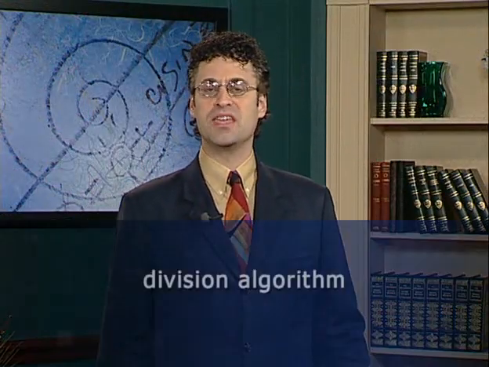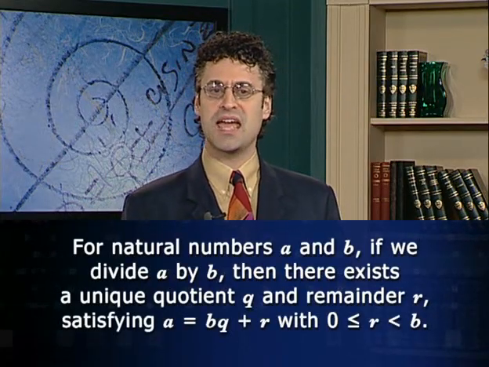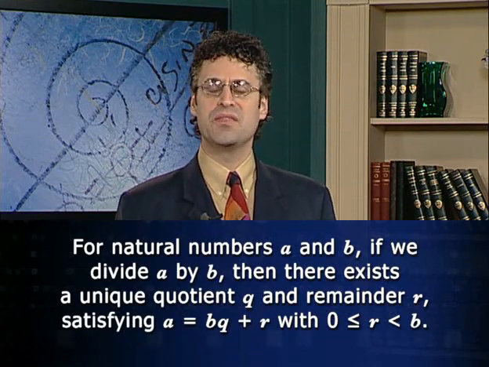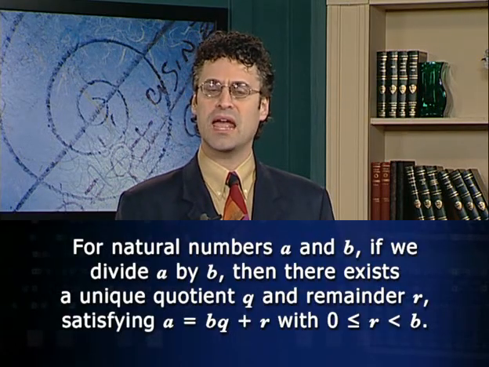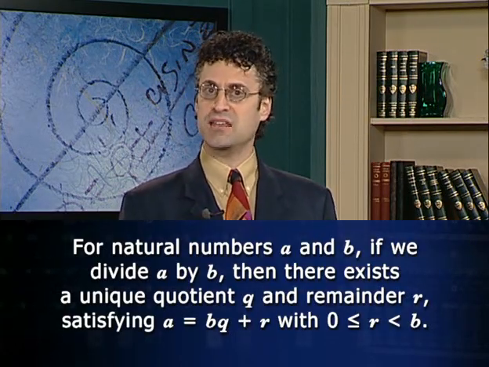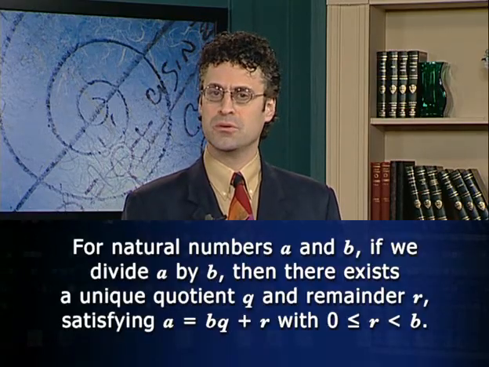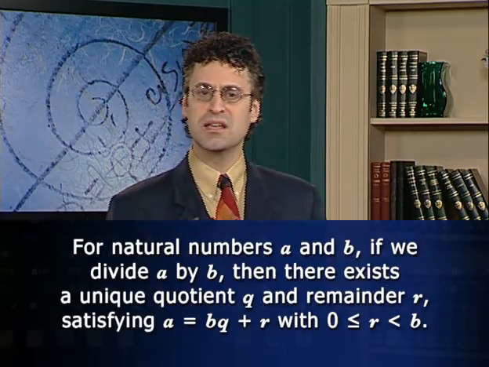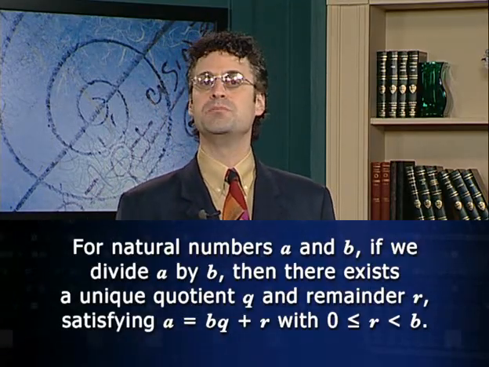The formalization of long division is actually called the division algorithm, and it states that for natural numbers a and b, if we divide a by b, then there exists a unique quotient q and remainder r satisfying that a equals b times q plus r, with the additional condition that the r is between 0 and b.